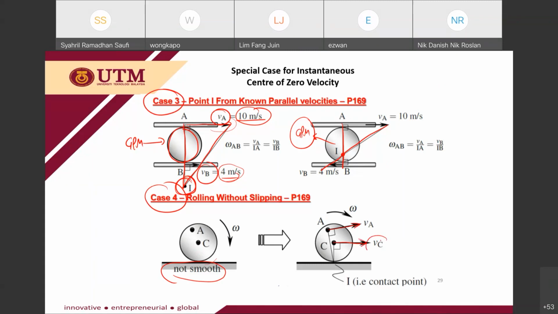So VC and VA have non-parallel lines of action. This roller is GPM, so it will have an I. You can determine the I by drawing a line perpendicular to VC and a line perpendicular to VA. The intersection point is your I, the instantaneous center of zero velocity.